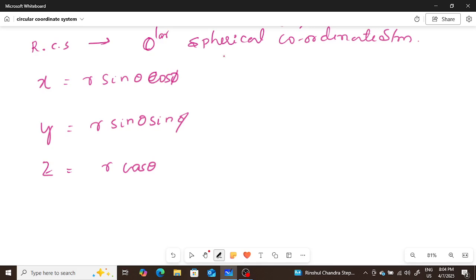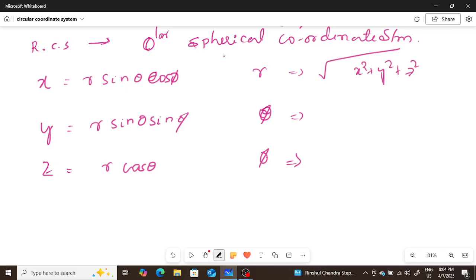Similarly, for r, theta, phi, it's a sequence: r, theta, phi. r is the square root of x square plus y square plus z square.